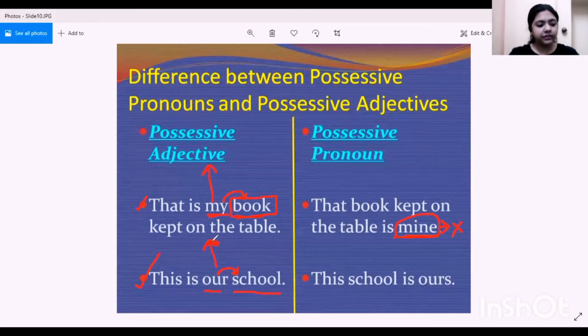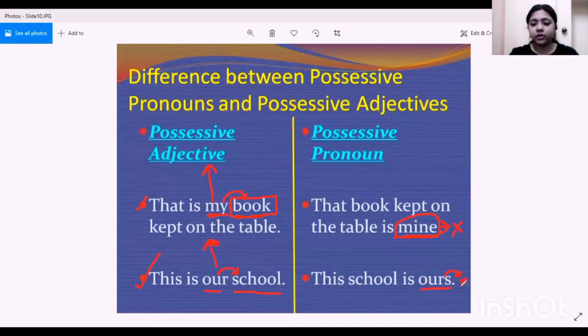But the difference is that when you look at the sentence, you will see that it is followed by a noun, and it will look like it is qualifying the noun. But in the case of a possessive pronoun, such a situation cannot be observed because the possessive pronoun is not followed by any noun.